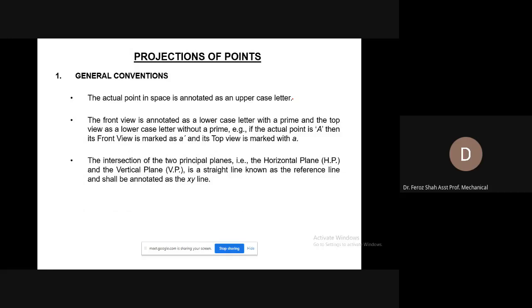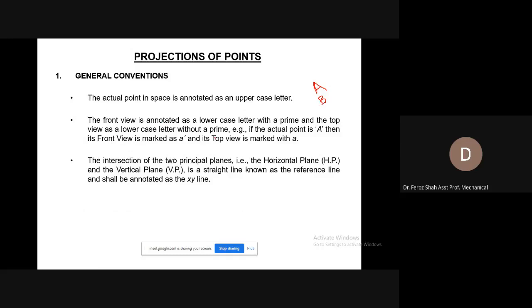So the point will also carry its own name, for example, point A, point B, point C, point D, etc. And the name of the point should be annotated or written with an uppercase letter like this. Or for point B, like this.